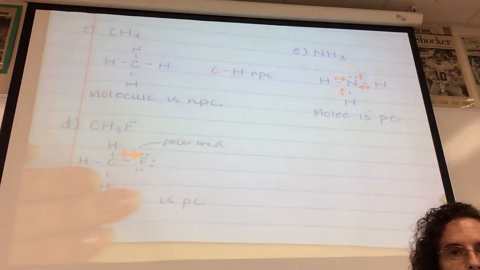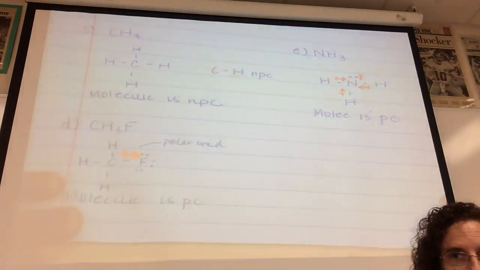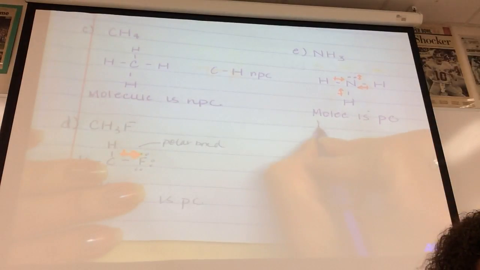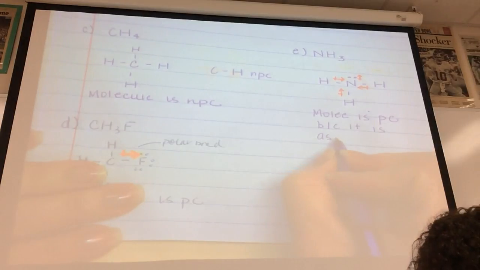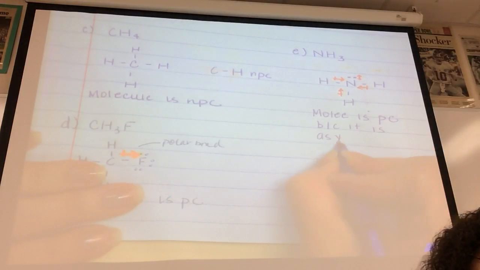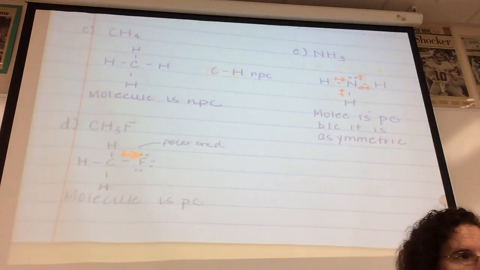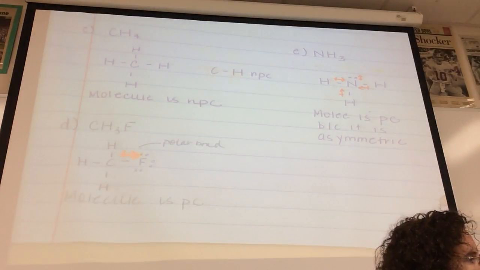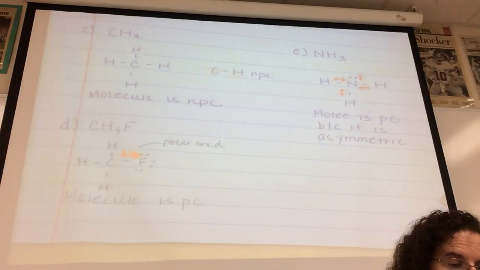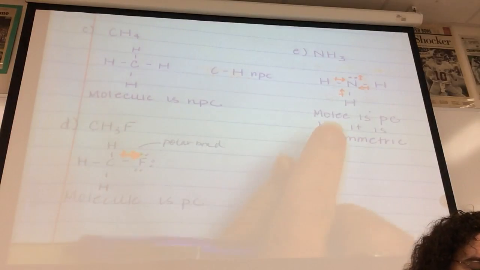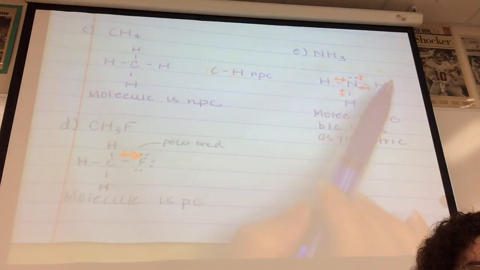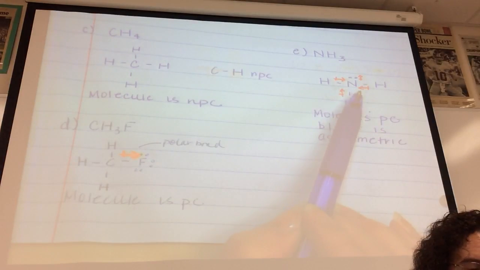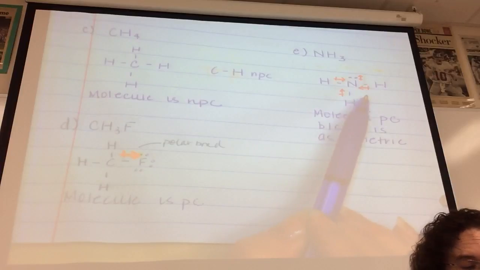Your reasoning here is that the molecule is asymmetric. And last year I argued with a couple of teachers in the county on this because I said that PH3 would be polar.